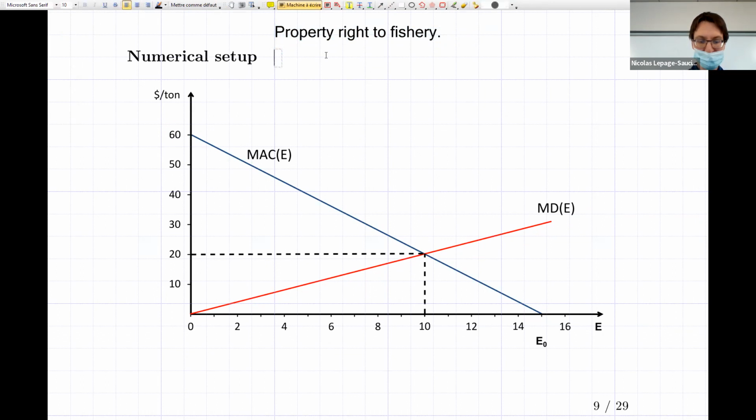Okay, so what is the total amount of money paid? Yes, 200. So who pays what?